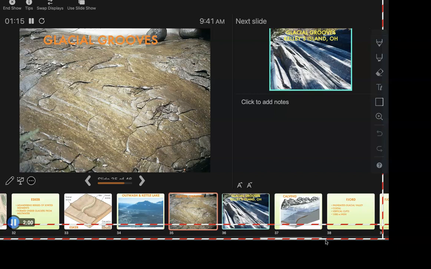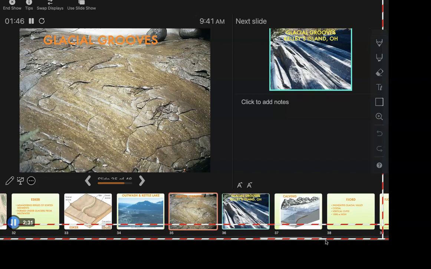We've been talking about glacial deposits, the moraines, the eskers, drumlins. Now we're going back to weathering a little bit. These are still features, but the cause of the feature is weathering, not deposition. Glacial grooves.